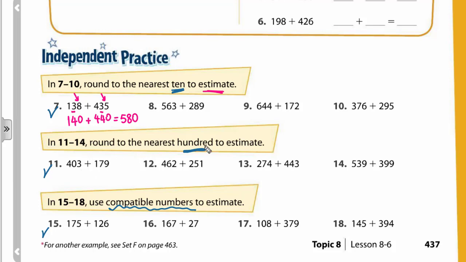Question number 11. Okay. To estimate here, we need to round to the nearest 100. Go ahead. The 4, the digit to the right of the 4. Is it strong? No, it's weak.